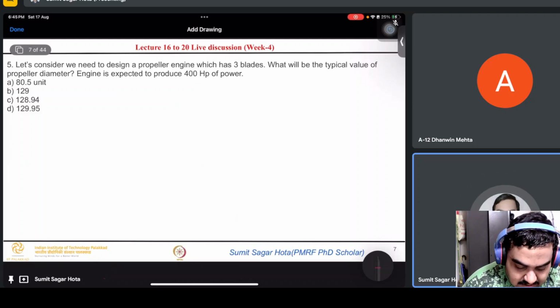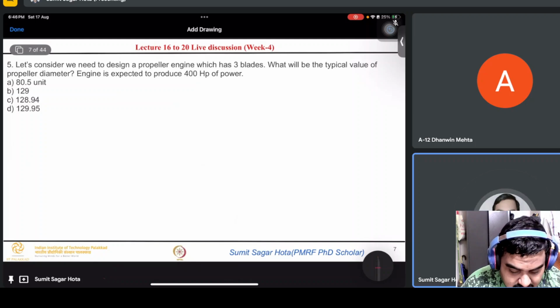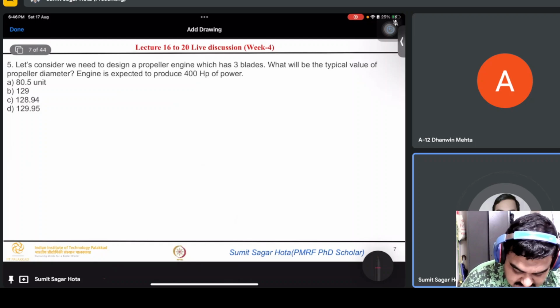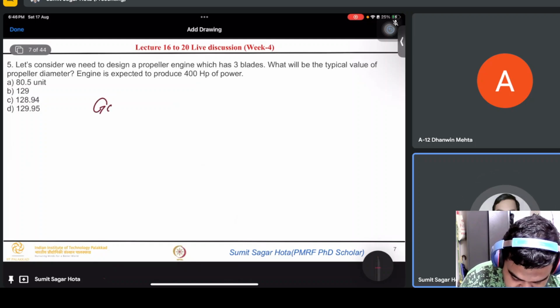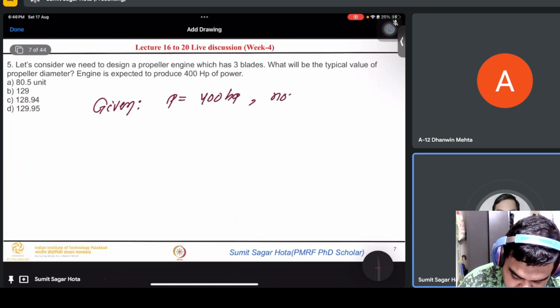Let's consider we need to design a propeller engine which has 3 blades. What will be the typical value of the propeller diameter? The engine is expected to produce 400 horsepower. There is also a formula for 3 blades. First we see what is given: P is 400 horsepower, number of blades is 3.